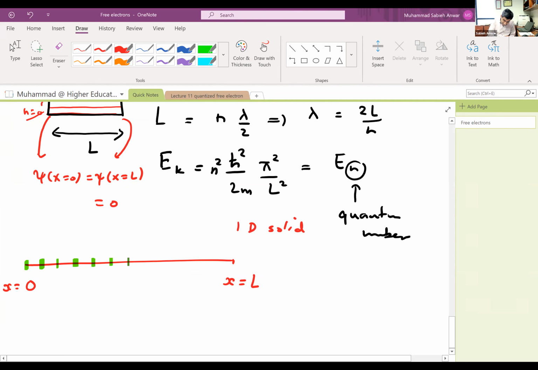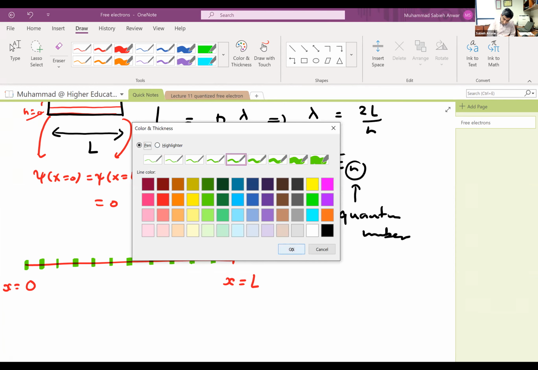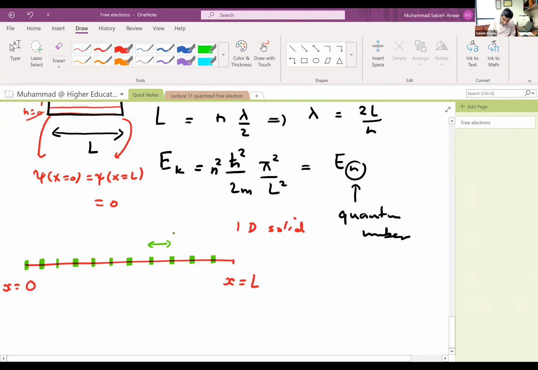The separation between atoms is a small a, the lattice constant, of the order of nanometers or angstroms, and L is 1 millimeter or something of this kind. Even then there is a huge number of atoms inside this one-dimensional solid. So what I've drawn here is unrepresentative. It just illustrates the concept.